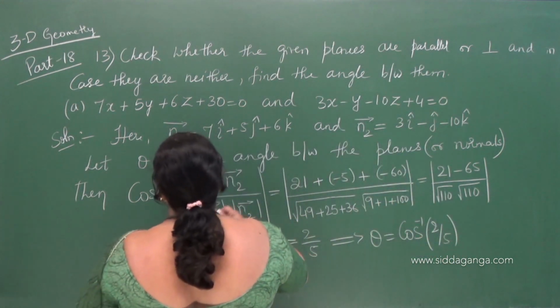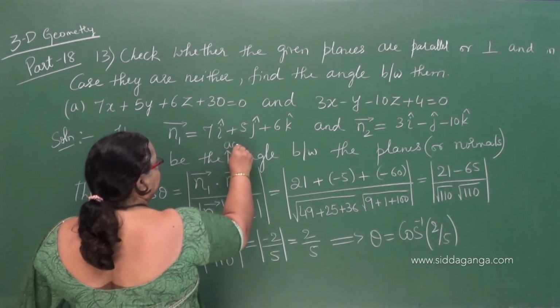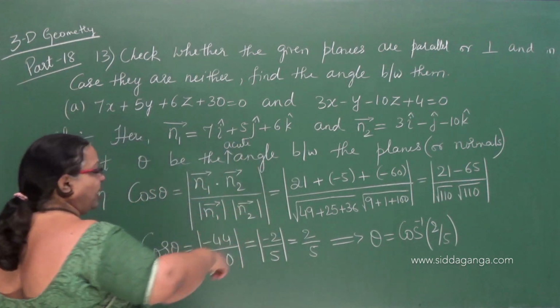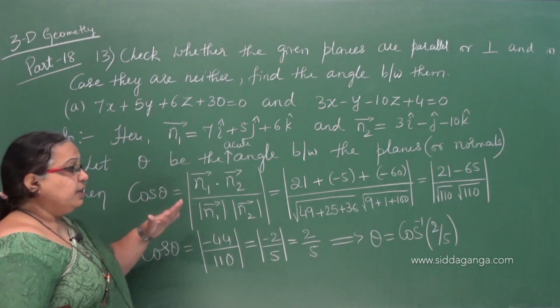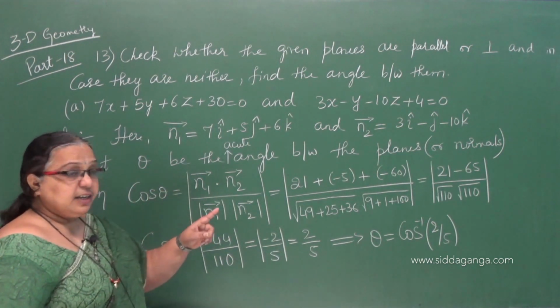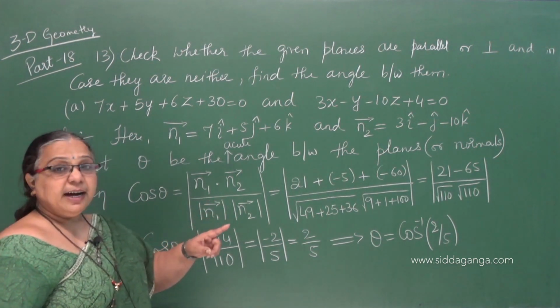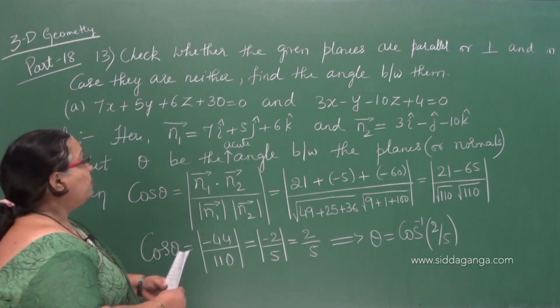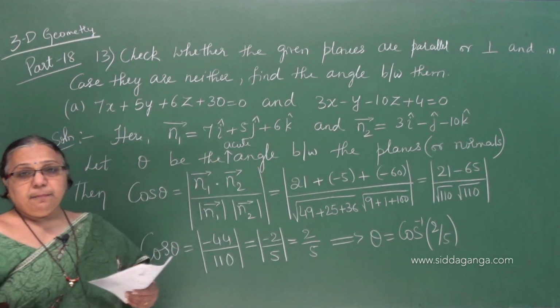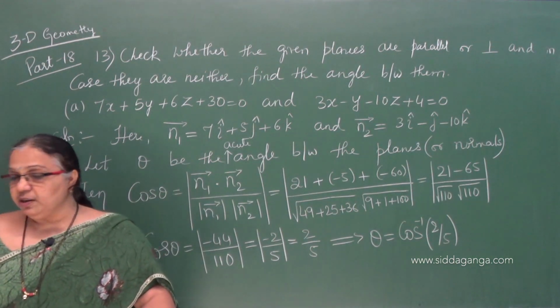Here let theta be the acute angle, that is why we take the modulus. So the angle between the given two planes is cos inverse of 2 divided by 5. So in this problem the planes are neither parallel nor perpendicular.